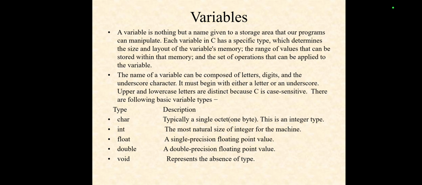Out of the 5 data types we use only 4, because they are used regularly in our programming most of the time. So the first data type is char. Char is a character data type which is used to represent symbols and alphabets, to indicate a variable which has some name. If we want to express a variable for a student name, we have to use the character data type.